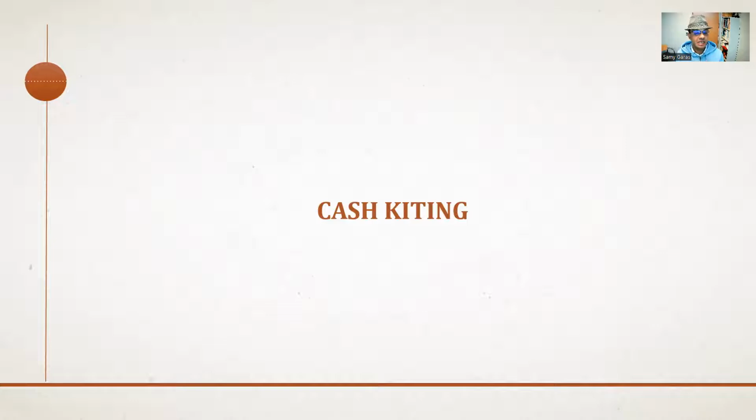Or the opposite, the cash receipt will happen in the prior year, and the cash payment will happen in the following year. And this also will affect the balances. So we need to work on that because in the assignment, there are a few exercises that talk about cash kiting.